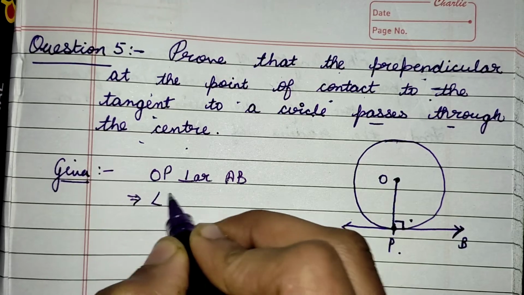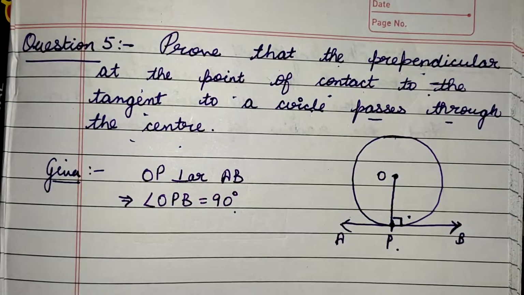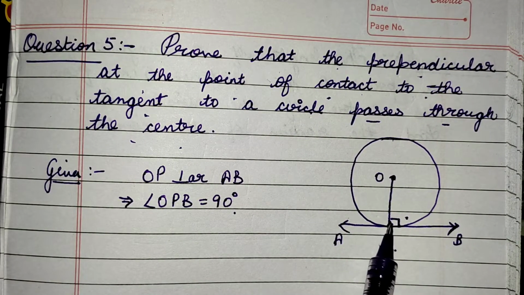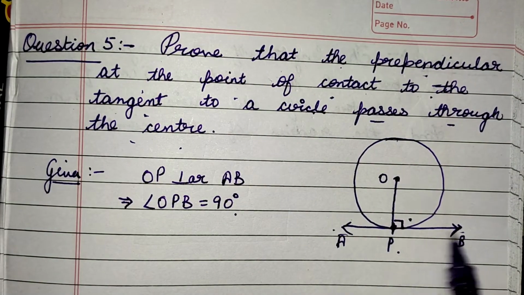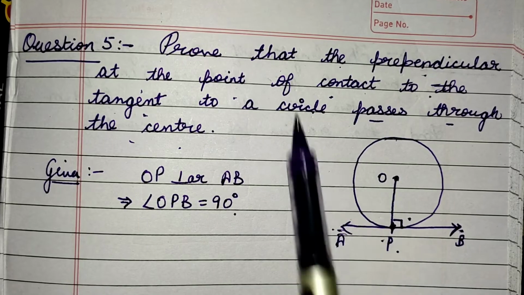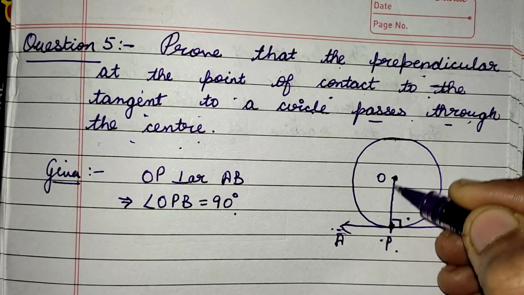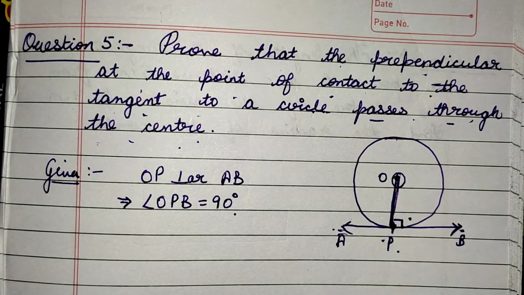That means angle OPB is equal to 90 degrees. So the perpendicular at the point of contact, at point P, to the tangent, this is my tangent AB, passes through the center. So what do I have to prove? That this perpendicular is passing through the center.